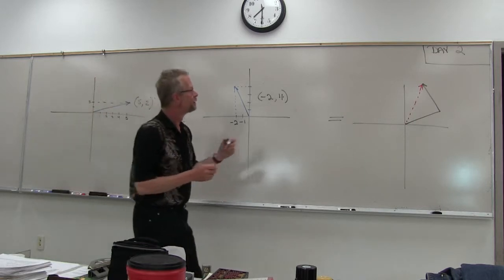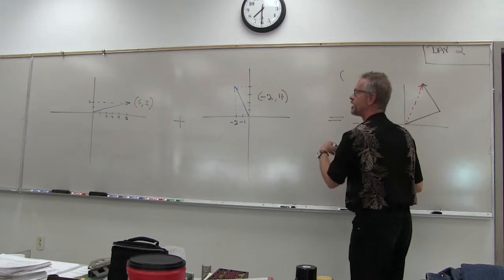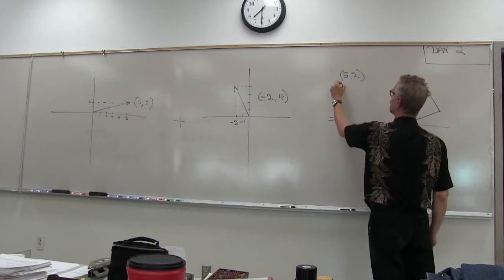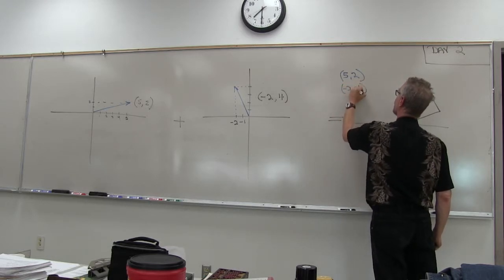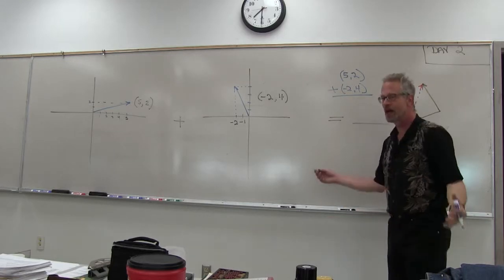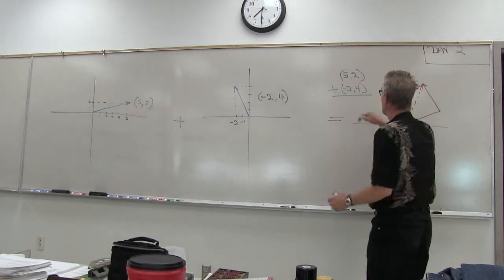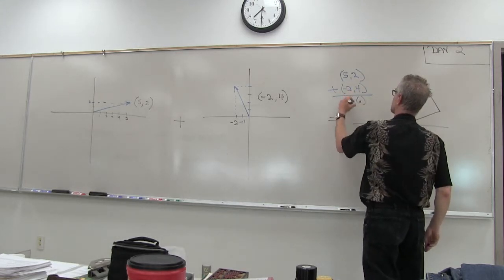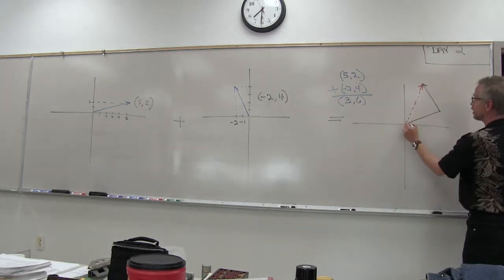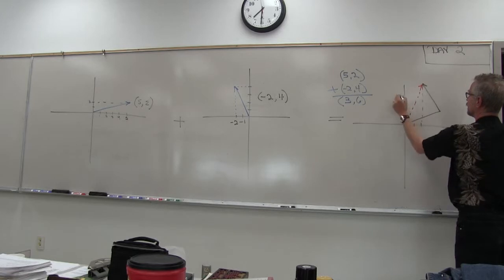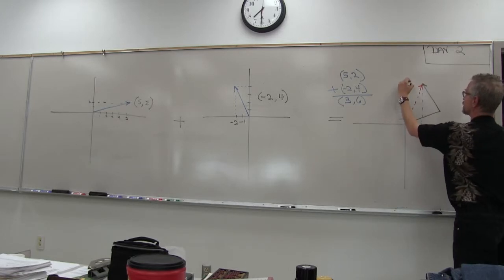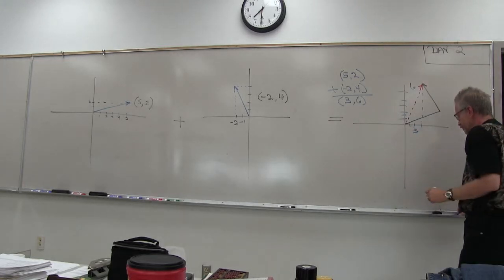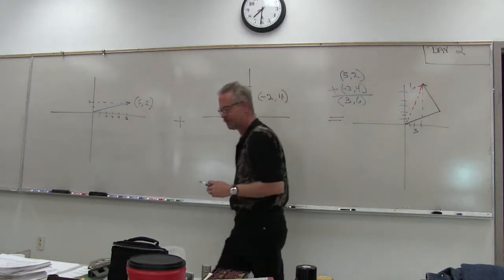The way I'm going to do that is I'm just going to write down the two things that we have, which is 5, 2 and -2, 4, and I'm just going to add them together. 5 plus -2 is 3. 2 plus 4 is 6. Which means that here I would be over 3 and up 6. I didn't draw those very well, but that's life.